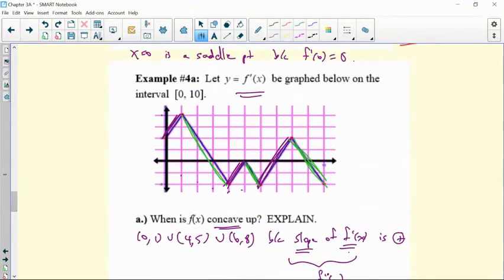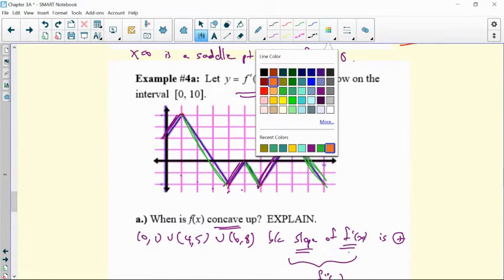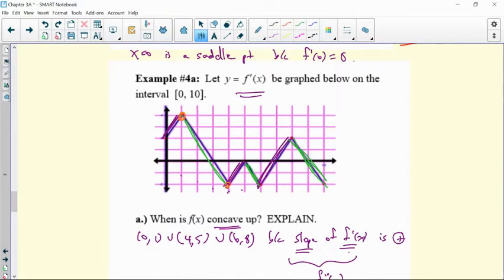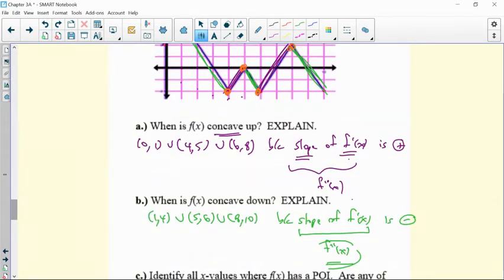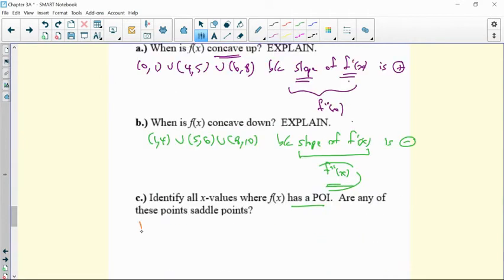Okay. And then very common, points of inflection. Are they saddle points? So we're looking for slope changing signs. And that's right here at 1, at 4, at 5, at 6, and at 8. So 1, 4, 5, 6, 8. You'll get used to knowing that those are the peaks and the troughs, that's where they change signs. So how do you know?